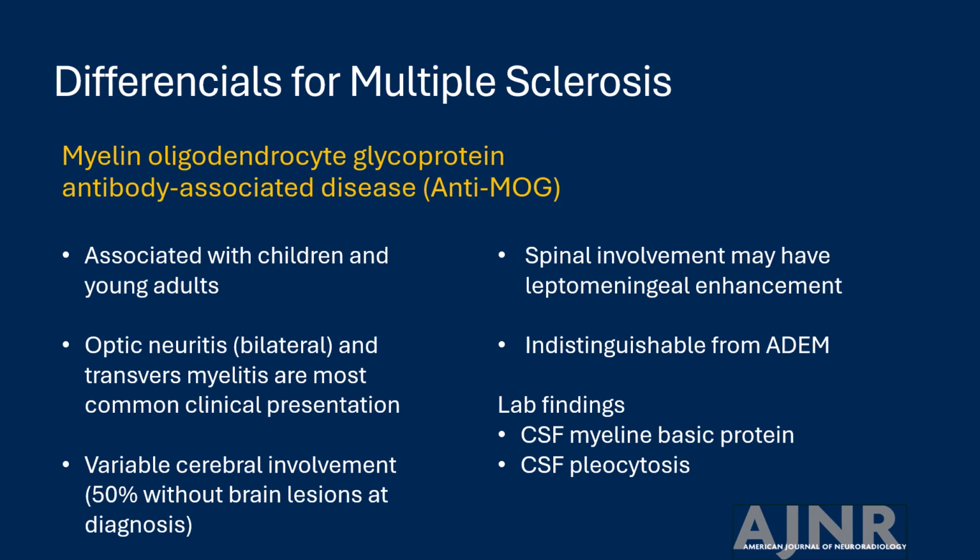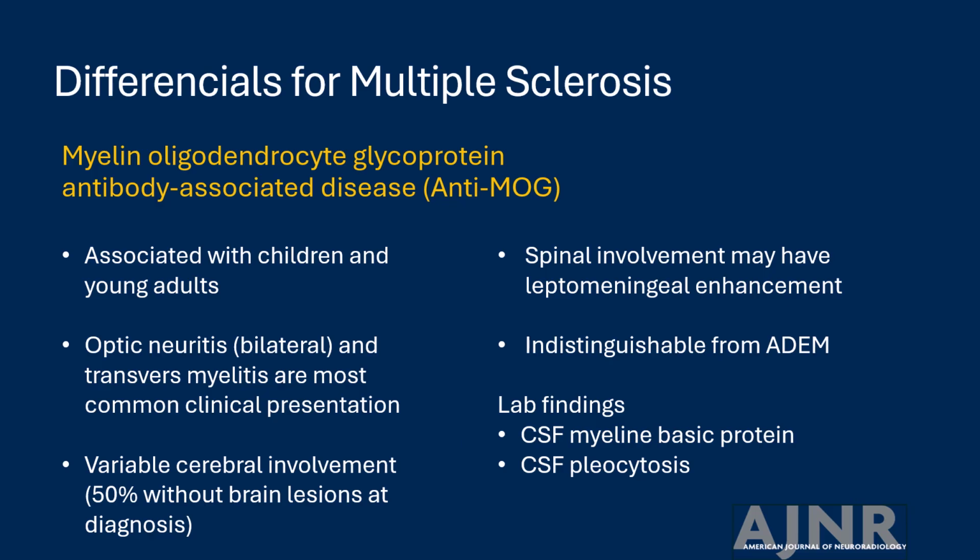The last important differential for multiple sclerosis is what we call myelin oligodendrocyte glycoprotein antibody-associated disease, aka anti-MOG. This is also associated with children and young adults. The most common clinical presentation here is bilateral optic neuritis and transverse myelitis.